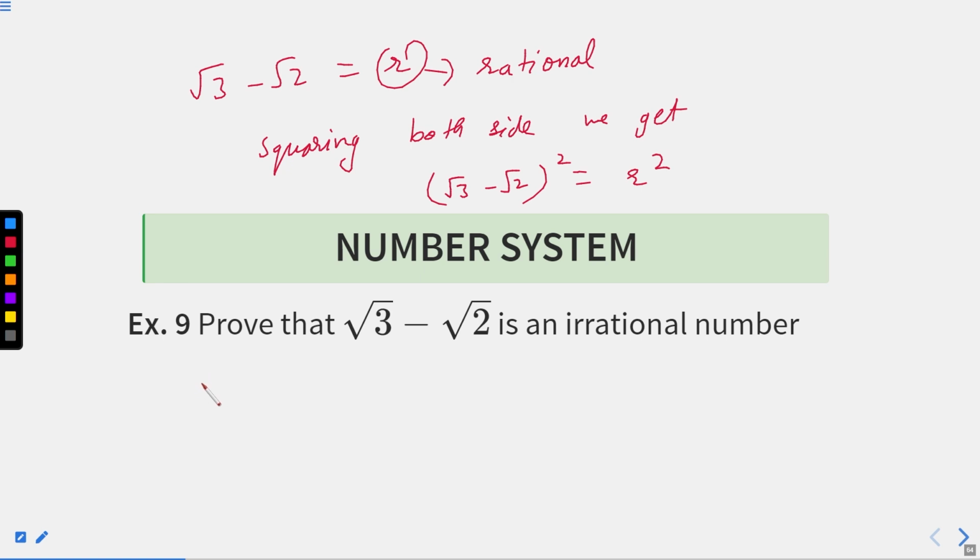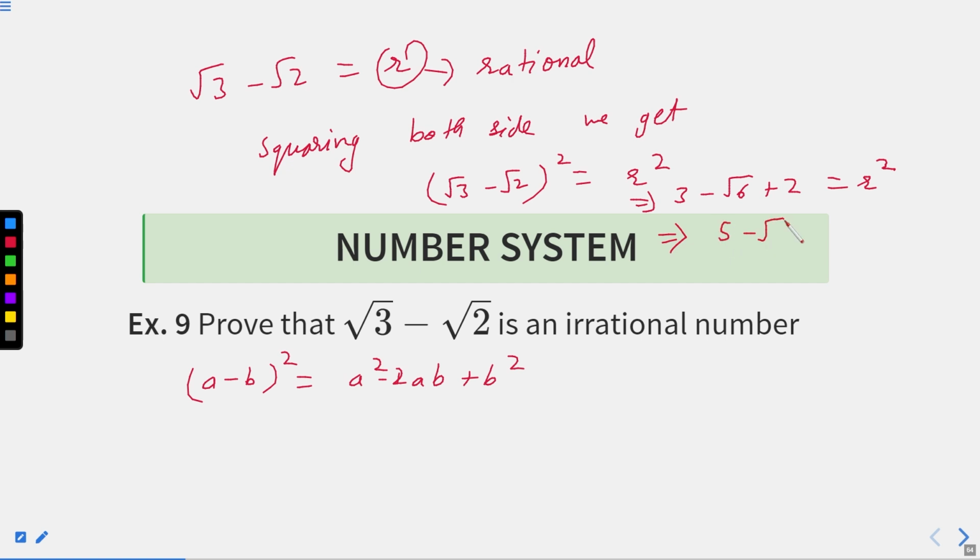I am applying a minus b whole square, which is a square minus 2ab plus b square. In our case, this implies 3 minus 2 root 6 plus 2 is equal to r square, which implies 5 minus 2 root 6 is equal to r square.